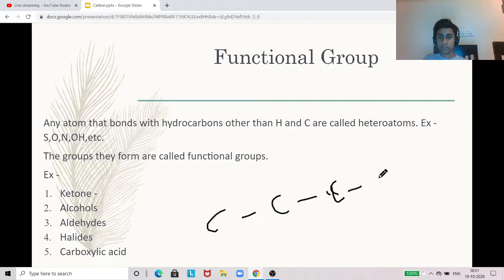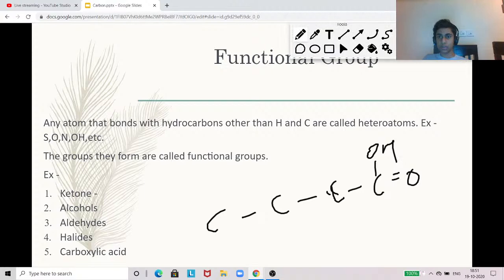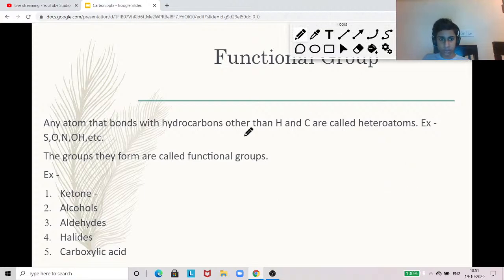Now, instead of CH3, we could have C with O and an OH or an H. Could be anything, right? So those atoms like S, O, N, and OH, hydroxyl, are heteroatoms.